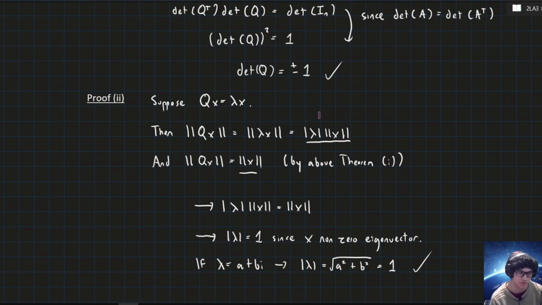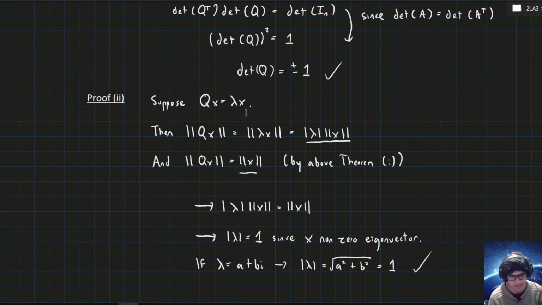Suppose that we have this equation. So that means that x is an eigenvector of Q with eigenvalue lambda. So let's write down the length of Q times x.